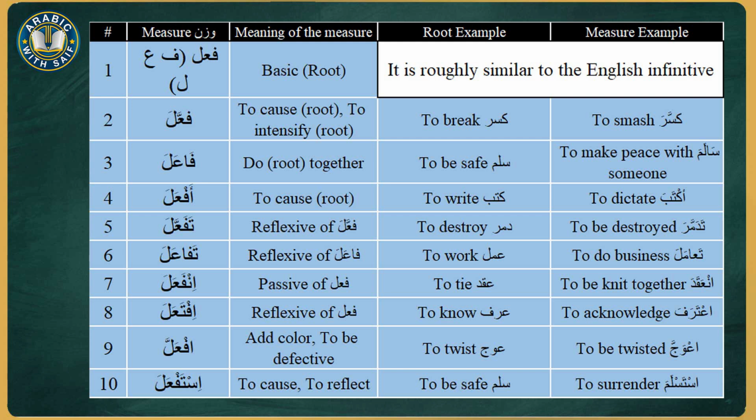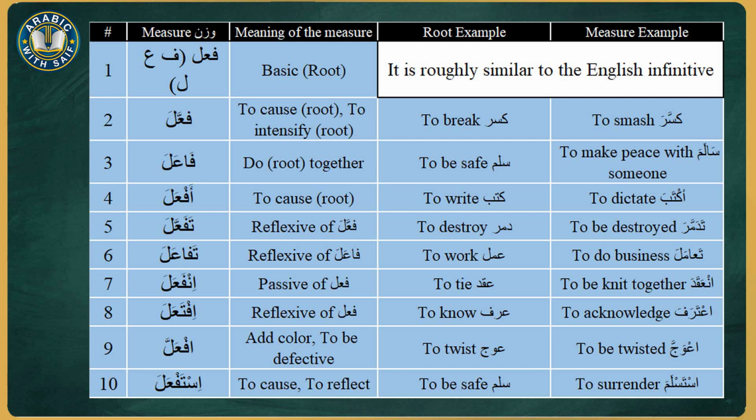Number 2, the measure فعّل means to cause the root or to intensify the root. Example, the root كسر, to break. On the measure of فعّل, كسّر means to smash.